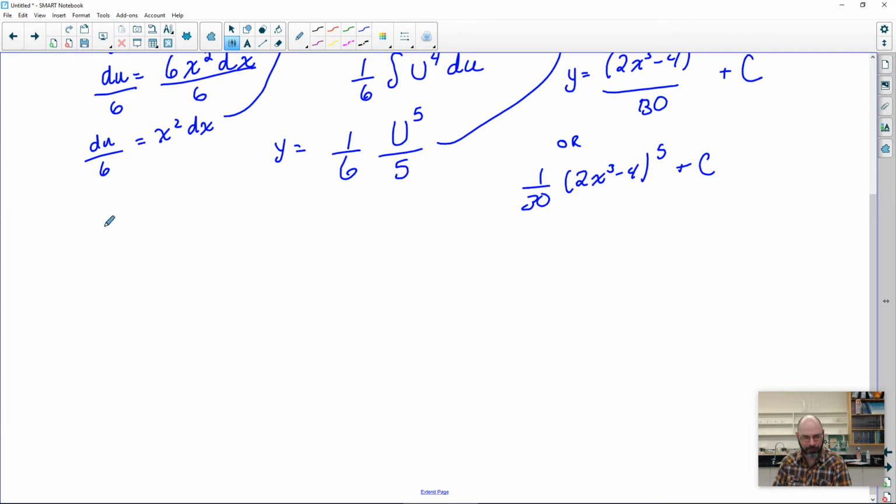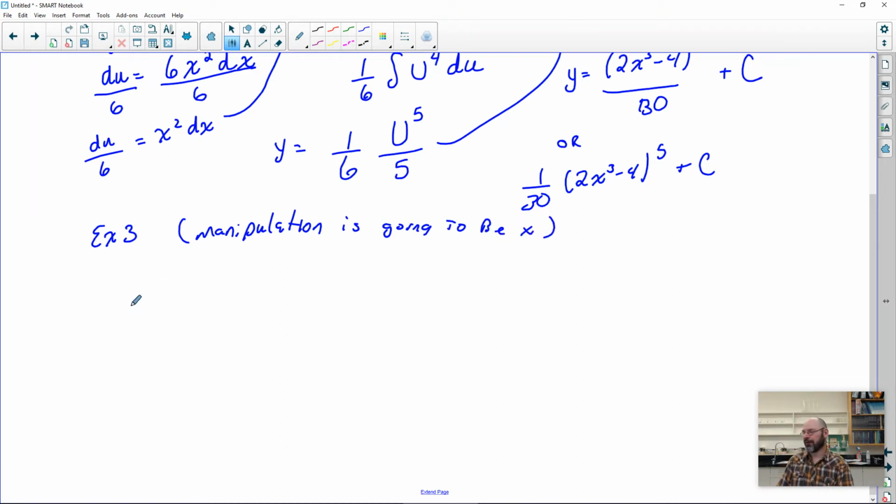Okay, so this will be example 3. Some manipulation still. This time it's going to be a multiply example, so instead of dividing, we're going to multiply.